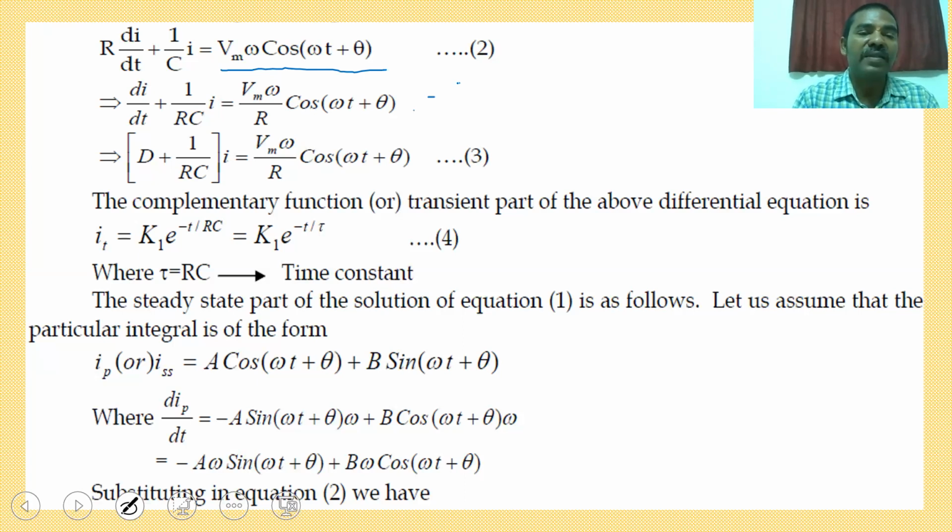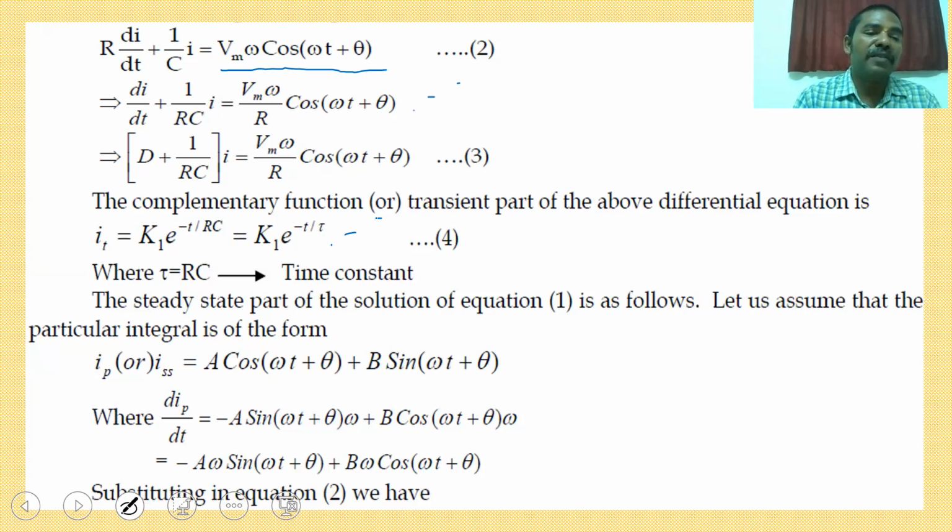This is a first order equation, but it has a complementary function as well as a particular integral. The complementary function of the equation is some constant k1 e power minus t by RC, because we get D plus 1 by RC as the root.